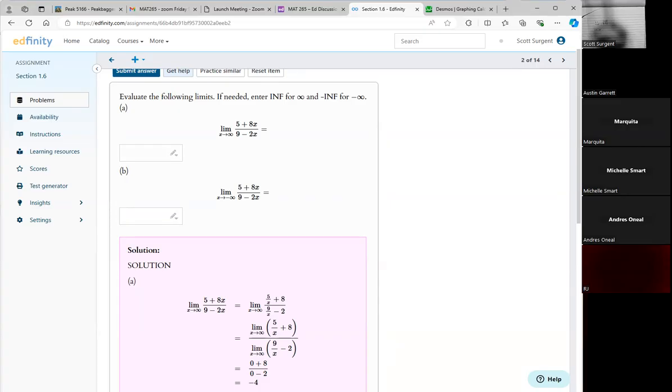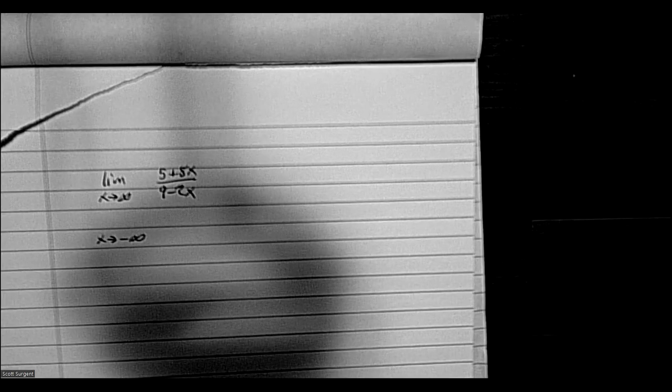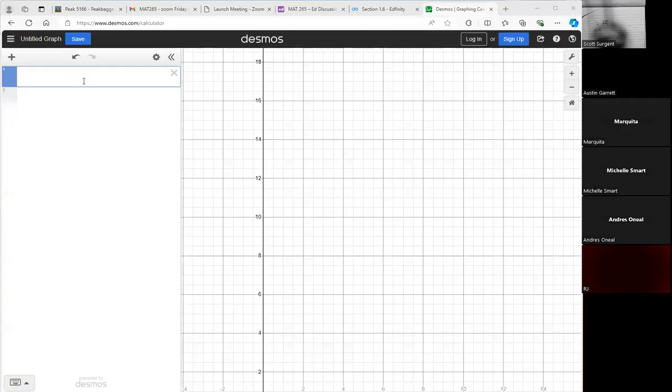All right. Again, I would love to use Desmos because I think it's so cool. So I'm going to go to my Desmos. Give me a second here. I'm going to share the screen on that. There you are. So now here's what I suggest. Type it in as a function.